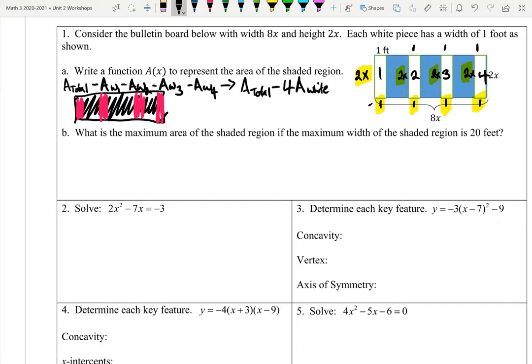Well, let me go ahead and figure out each. The area of the total, so I'm going to use A of x, the reason being this is how the boss wants it, is going to be equal to the area of the total minus 4 times the area of the white region.